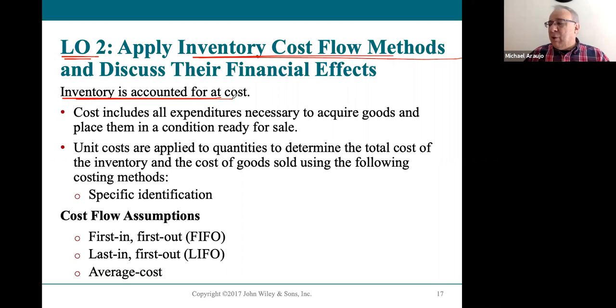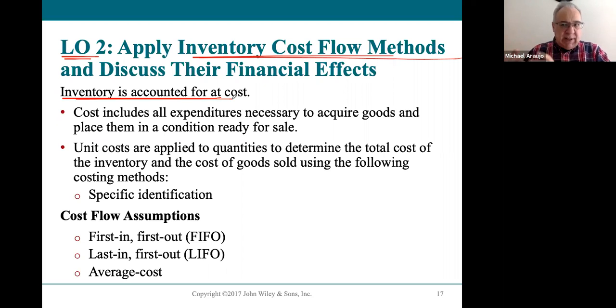I don't know what my sister-in-law paid for this, but I'm assuming it's probably a good $4 or $5. And so when they recorded the sale of this, what did they cost out? The Pooh that cost them 50 cents or the Pooh that cost them $1? You really can't tell them apart. They look the same. So that's what these cost flow methods are here to answer.